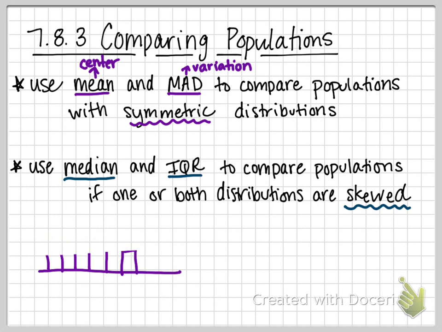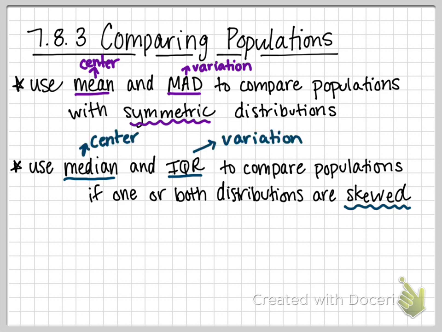Now, the other thing that you need to remember in terms of vocabulary is that the mean and the median are both measures of center. Okay, the mean and the median both give us an idea of the measure of center.